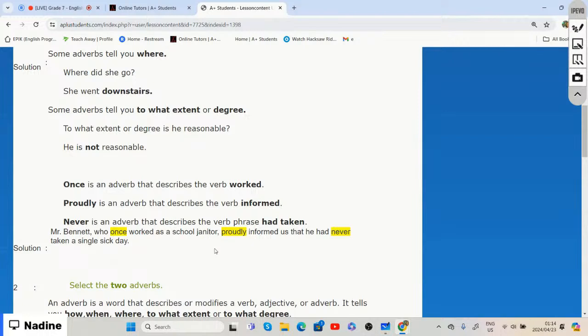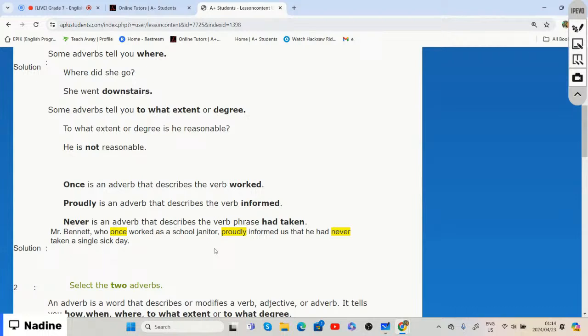Once, it's like asking yourself when. Proudly tells us how. And then we have never. When did he take off? Oh, he had never taken off. So never is our adverb.